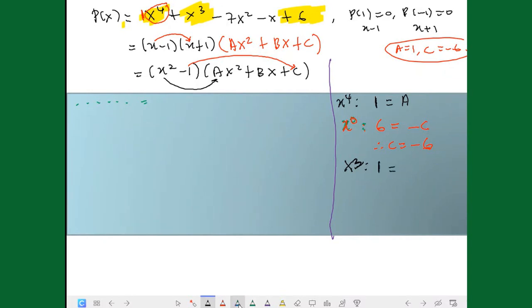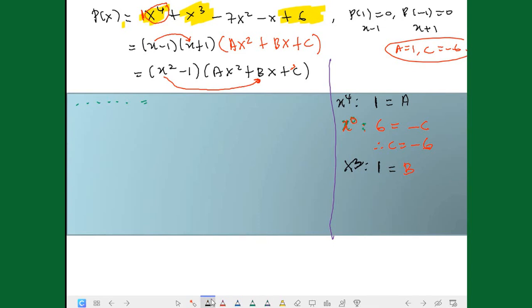Belah sini yang produce x^3, ni 1. Lepas tu, ada ke tak? Ini, tak. Ini x^2. Yang ini, tak. Yang ini, tak. So, ni je. b. So, b is equal to 1.